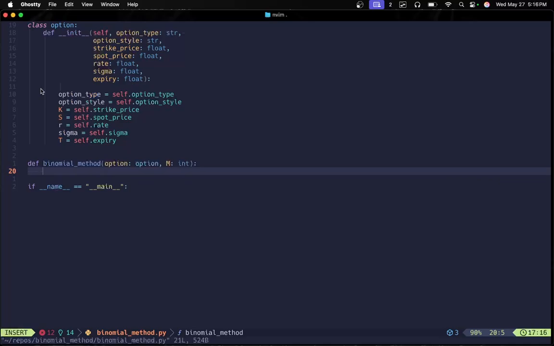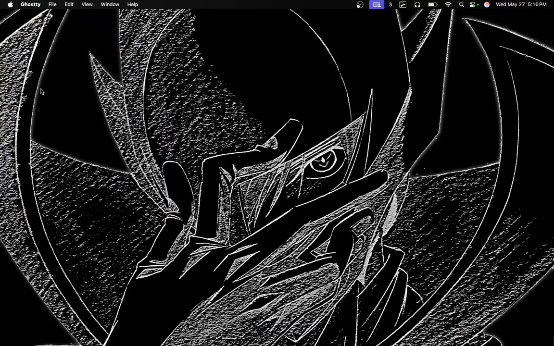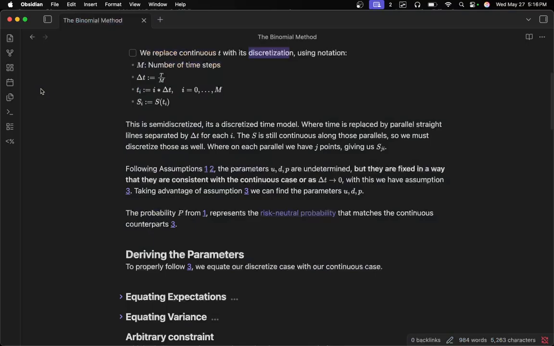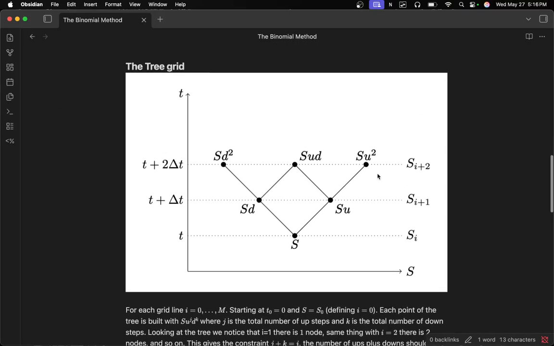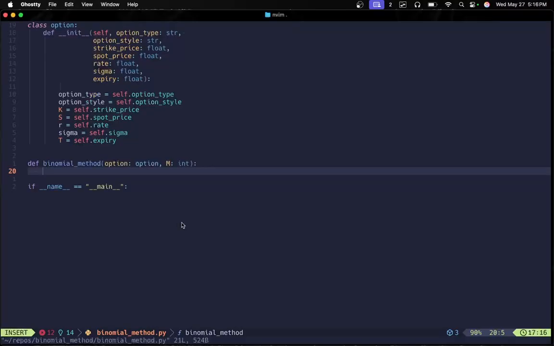And delta t is the difference in time between each step, each parallel line that I showed. So there is t, and then t plus delta t. That's the difference. To figure out what delta t would be, it's the expiry of our option divided by the number of time steps.